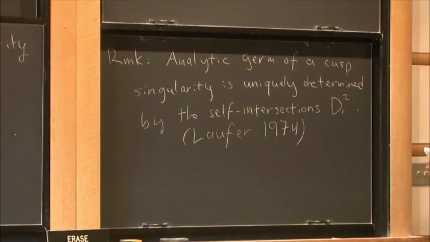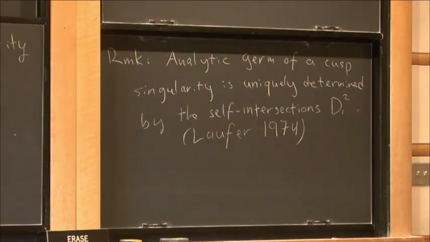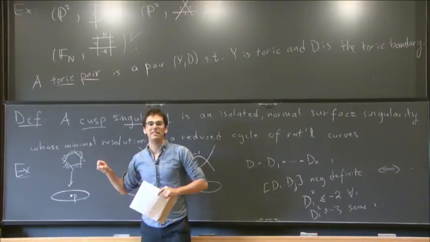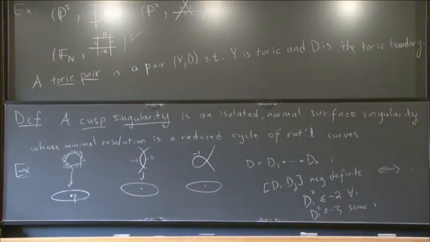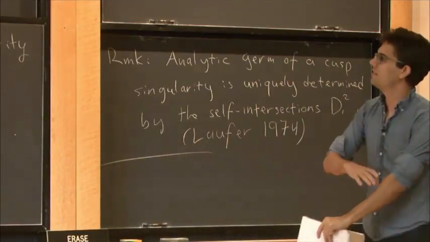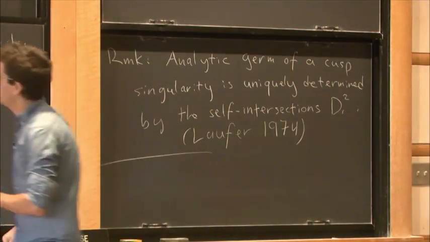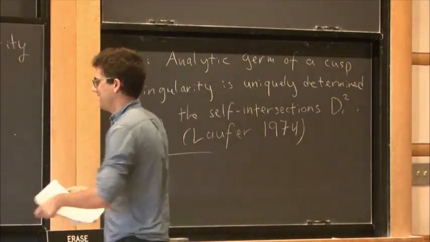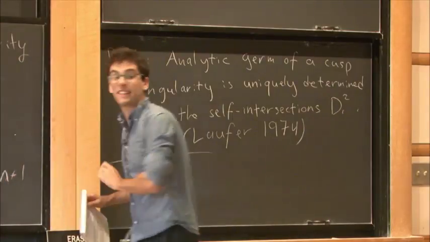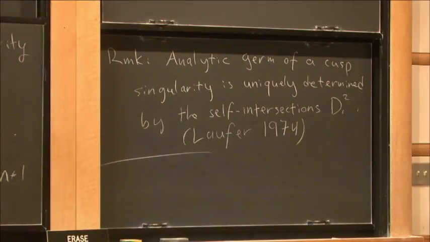Essentially, he classified all of the singularities whose analytic germ is uniquely determined by the intersection graph of the minimal resolution labeled with their self-intersections. He called those singularities taut singularities. This holds if n does not equal 1. If the length of the cycle is 1, it just needs to be negative. That's right.